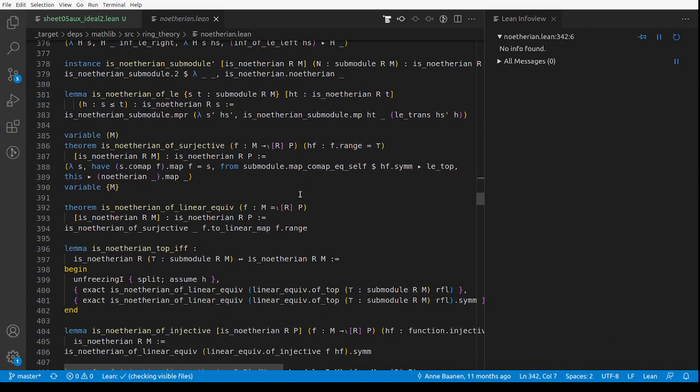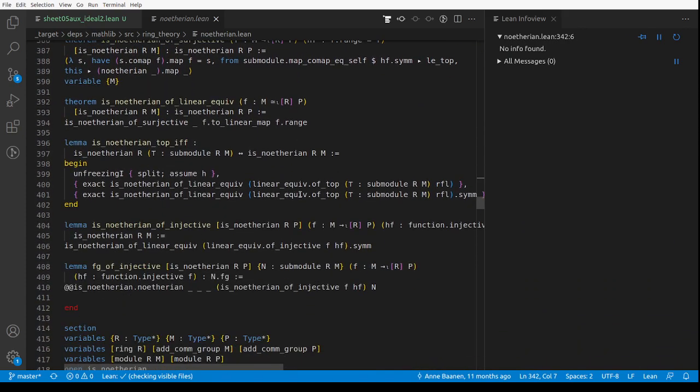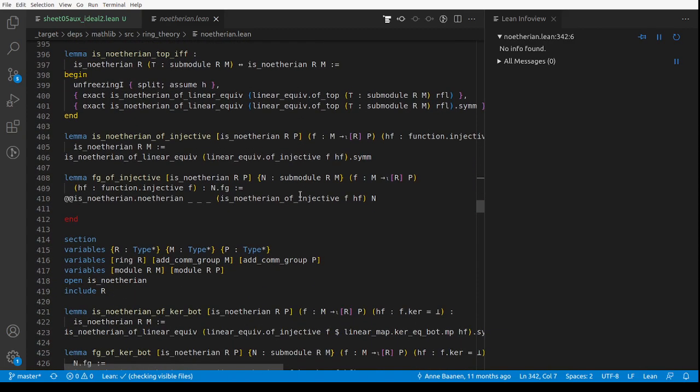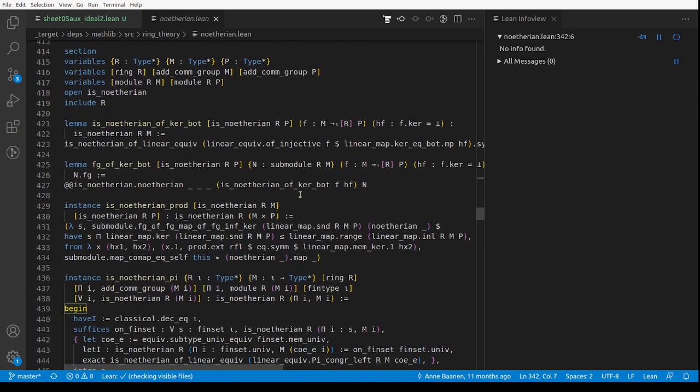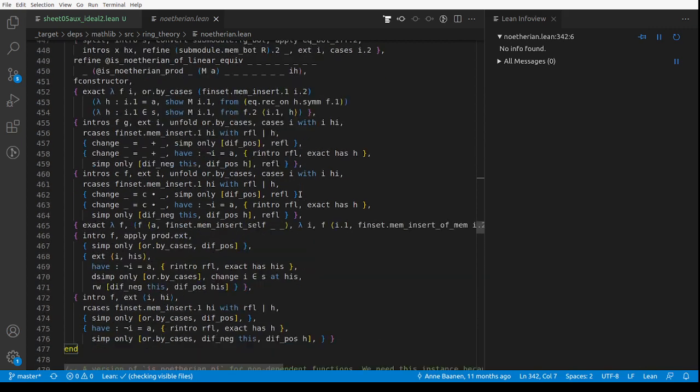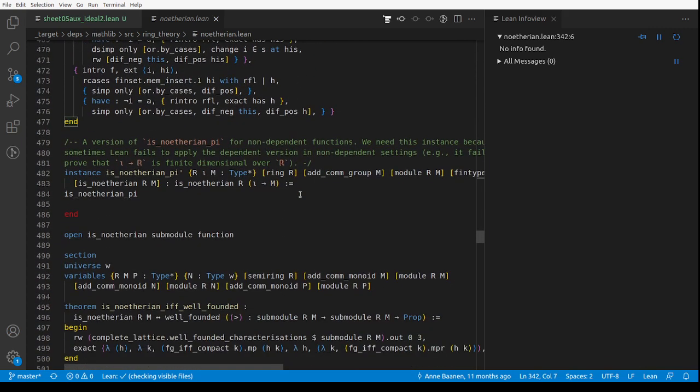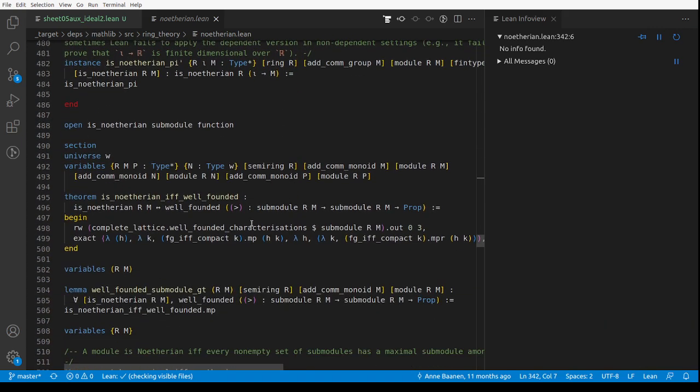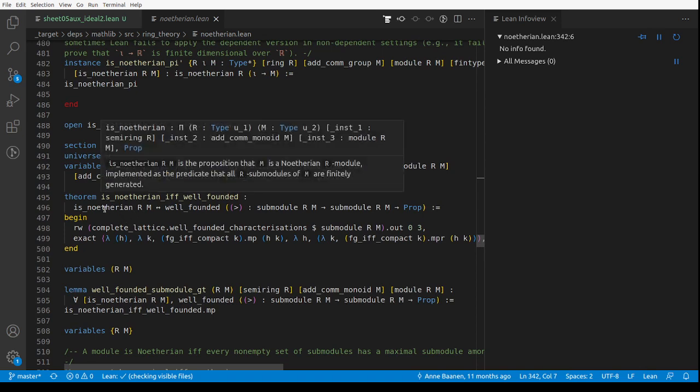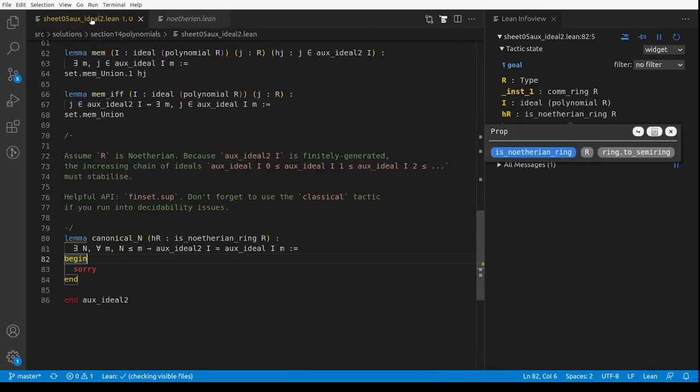This wasn't really what I was planning on doing. I was just going to prove it. It suddenly occurred to me it might be there already. I mean, I don't see it immediately. Oh, you see, this is going to be this thing here about is well founded. Anyway, there is probably some way of doing it involving well founded.